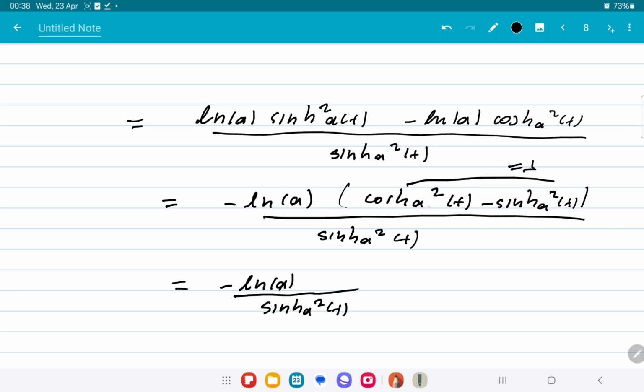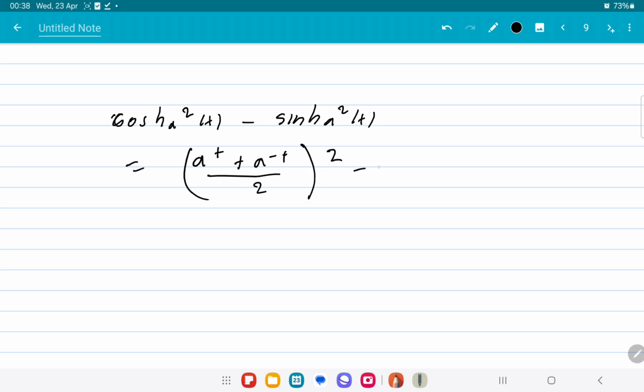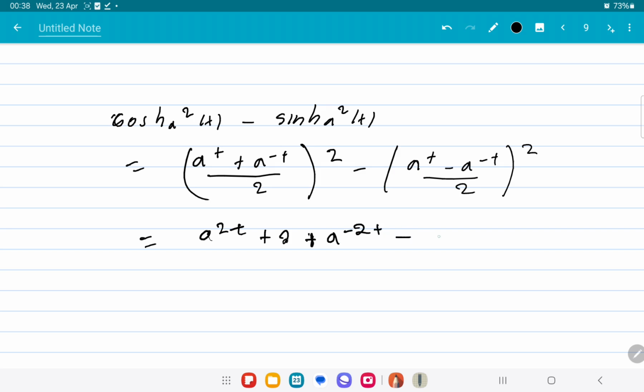Now about this identity, I can derive it simply by taking the definition of the functions. So I have cos hyperbolic squared of a t minus sine hyperbolic squared of a t, and that's a to the power of t plus a to the power of minus t over 2, squared, minus a to the power of t minus a to the minus t over 2, squared. That is going to give me a to the power of 2t plus 2 plus a to the power of minus 2t, and here I have to be careful with the signs.